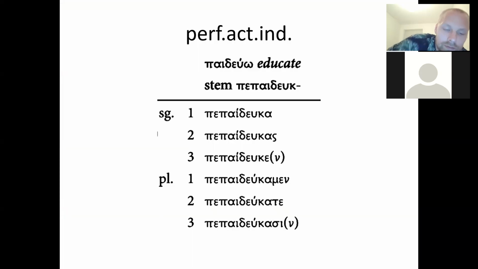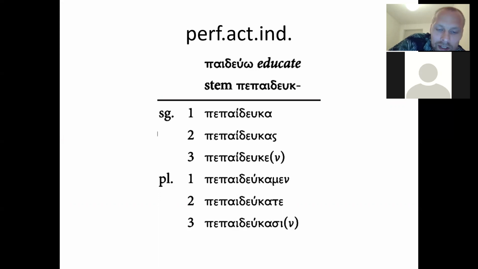But let us turn to a quick overview of the paradigms for the inflection of the active perfect forms. This you find on page 200, section 18.3 in the Cambridge Grammar of Classical Greek.